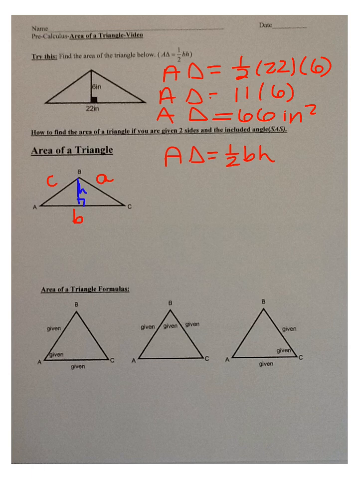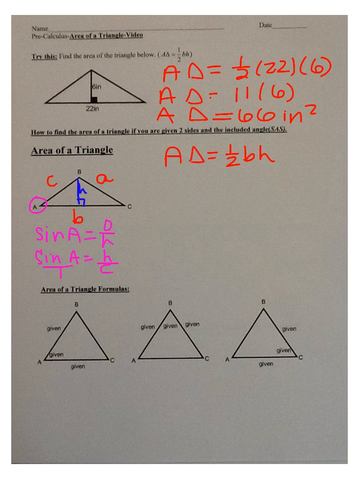So now remember, right triangle trig, because now I have a right triangle. So I have sine, I'm going to use angle A. Sine of A, remember, is opposite over hypotenuse. So sine of A, opposite would be h over the hypotenuse, which is c. Now I'm going to solve for h by cross multiplying.